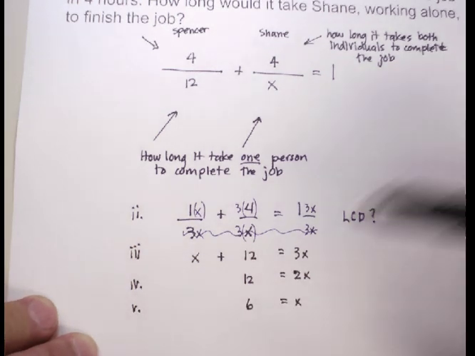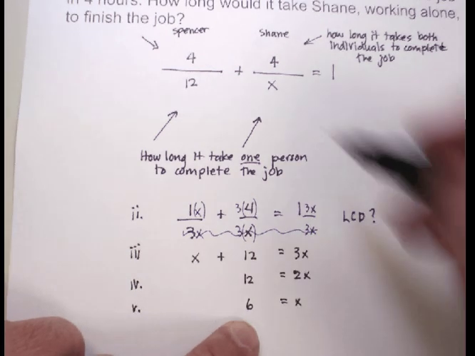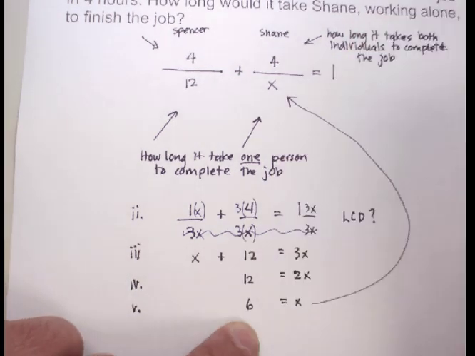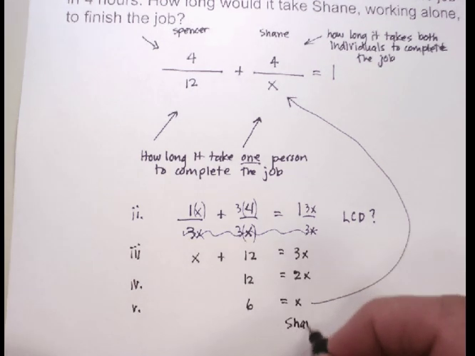In other words, it will take Shane, let's interpret this. Let's go back up to the x now. And what does that mean? Basically, Shane, working by himself, can complete the job in 6 hours.